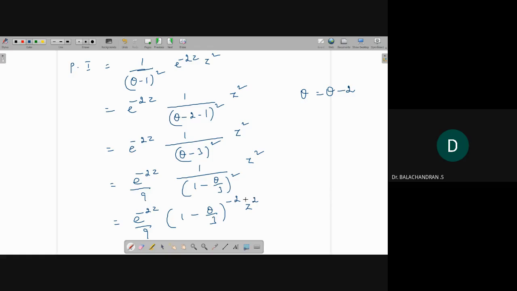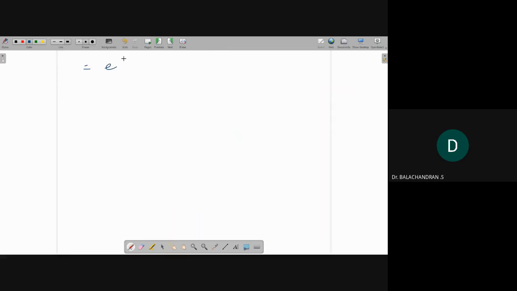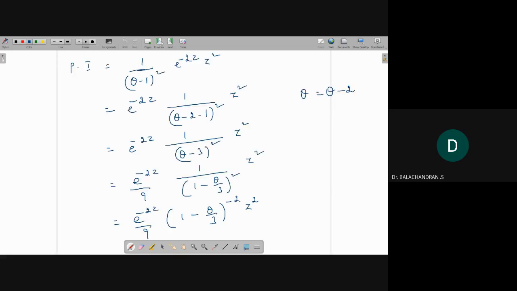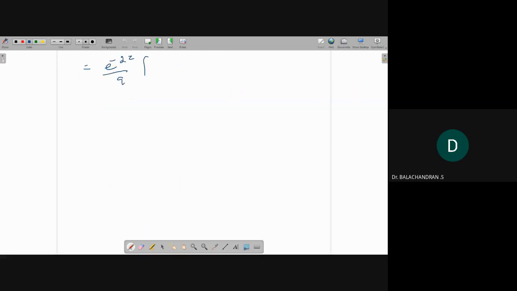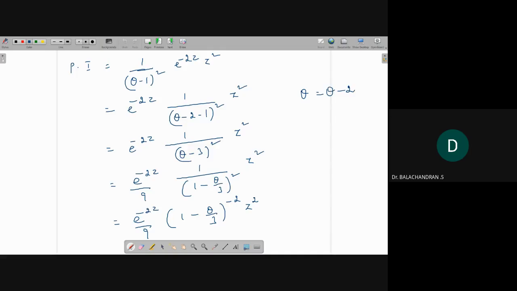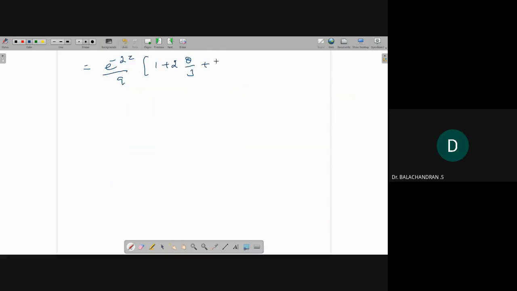So 1 minus x whole power minus 2 is 1 plus 2x plus 3x square and so on. So e power minus 2z by 9 into 1 plus 2x, where x is theta by 3, plus 3x square, theta by 3 whole square, plus 4x cube and so on.